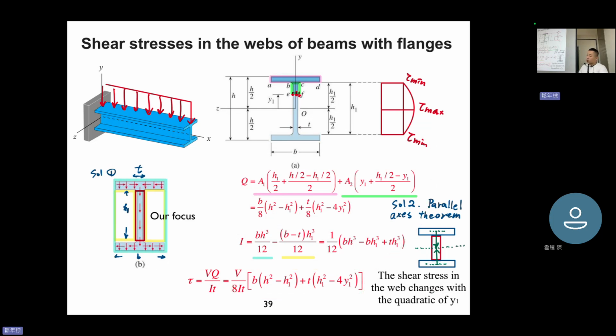If you substitute all your H1 over 2 into what? Into Y1, okay? H1 over 2 into Y1, you can get your tau minimum, but not 0, okay? Not 0. So this parabola can draw the curve like this, okay?